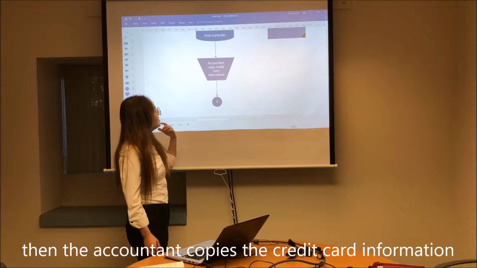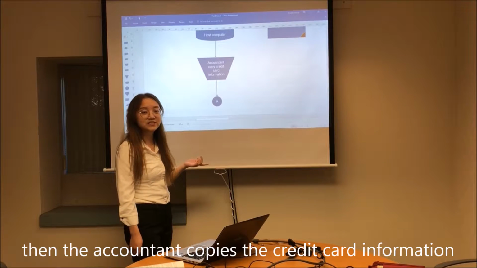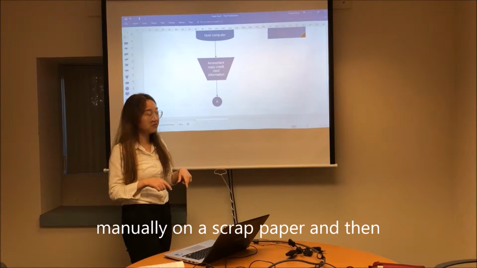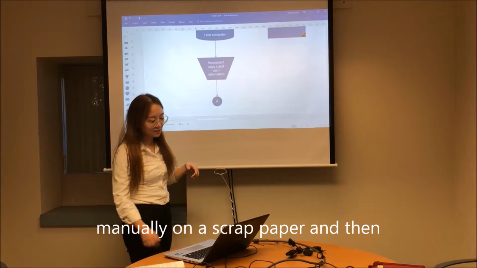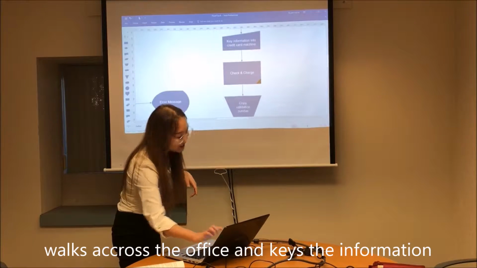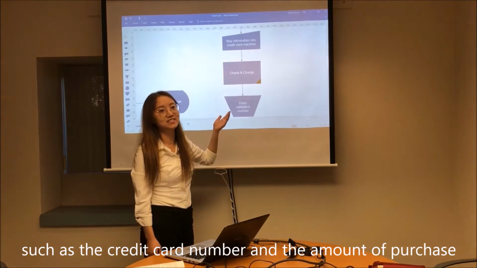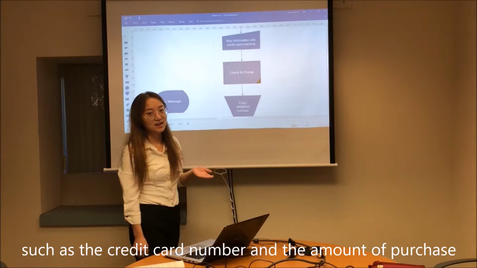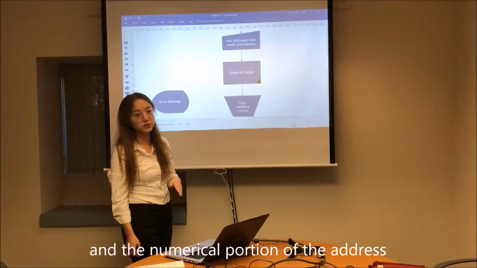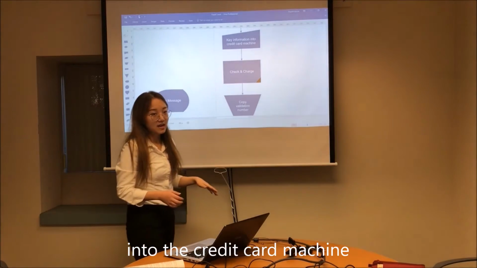Then the accountant copies the credit card information manually on scrap paper, and walks across the office and keys that information, such as the credit card number, the amount of purchase, and the numerical portion of the address, into the credit card machine.